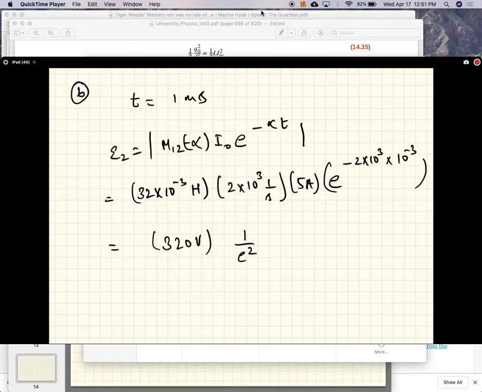So this is 320 by e squared, and as usual, I've forgotten my calculator. So 43.3 volts.